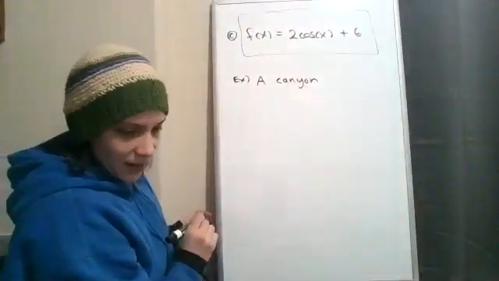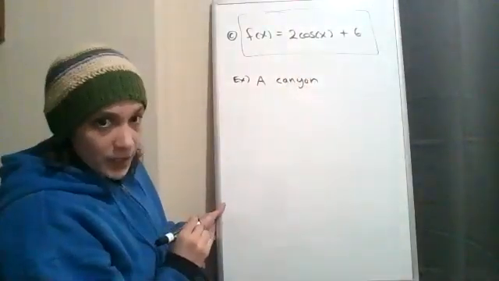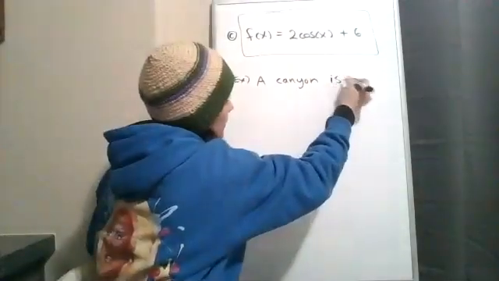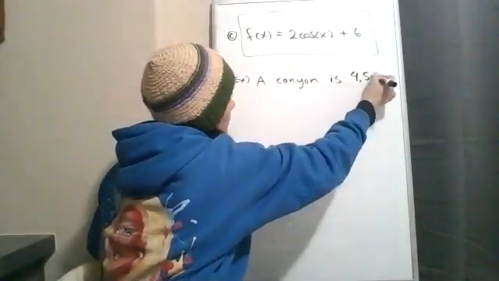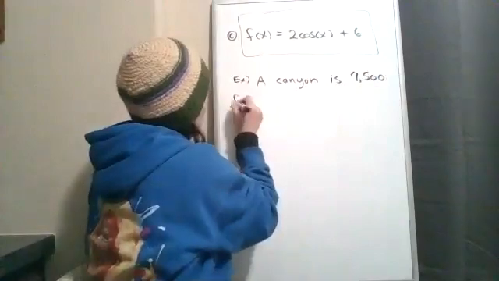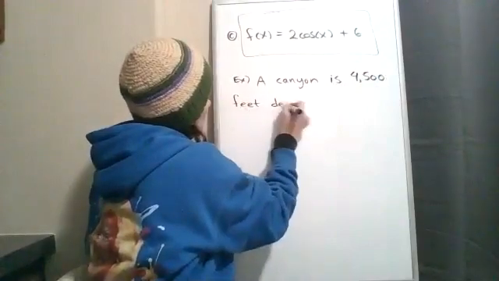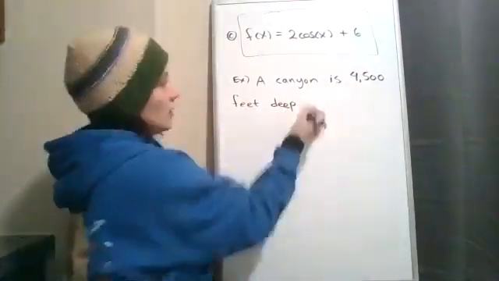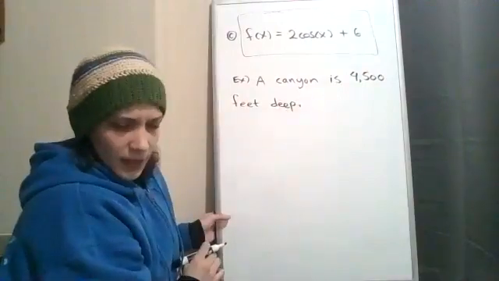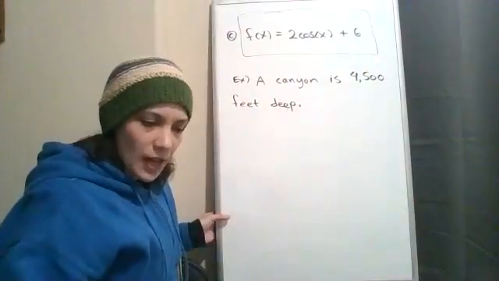A canyon is 4,500 feet deep. A rock is dropped from the top of the canyon.